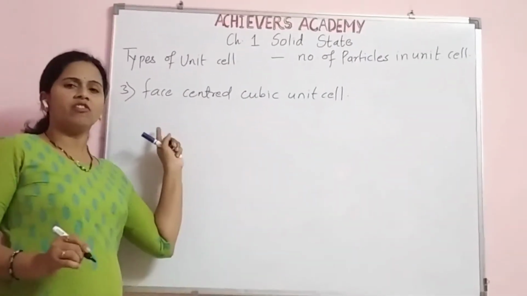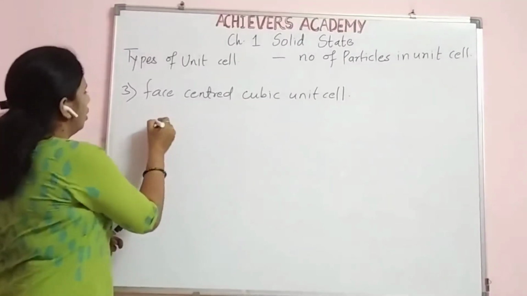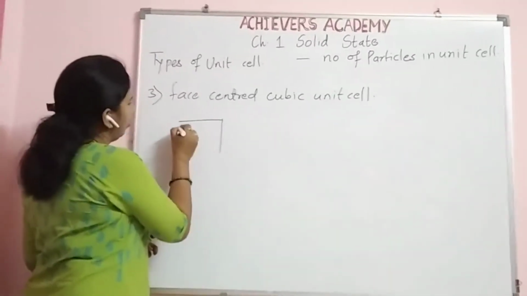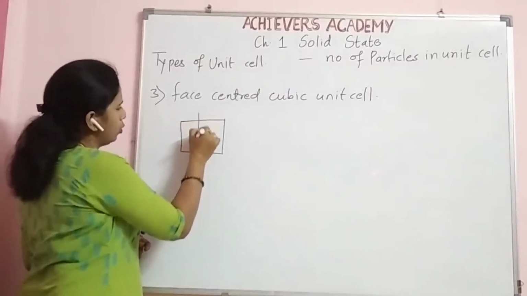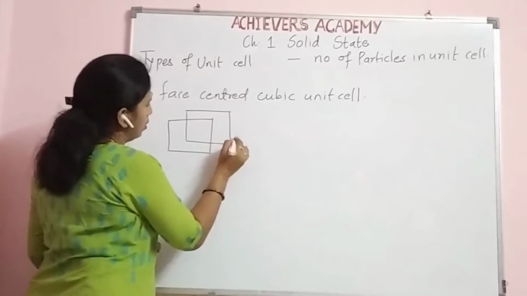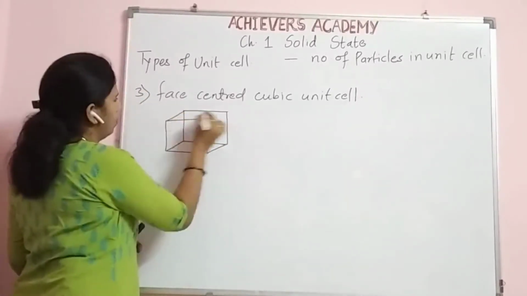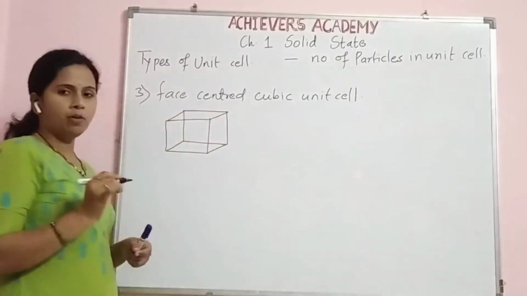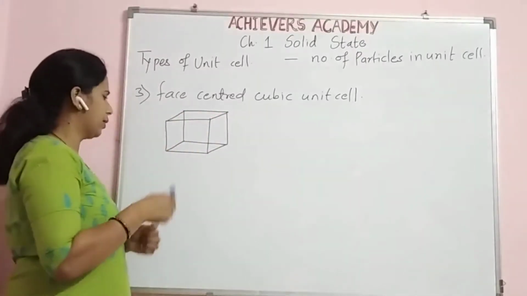The next unit cell which we are going to study is the face centered cubic unit cell. Now in the face centered cubic unit cell, let's see by the diagram how we can calculate the number of particles. As we have seen, there are 8 particles present at the 8 corners.